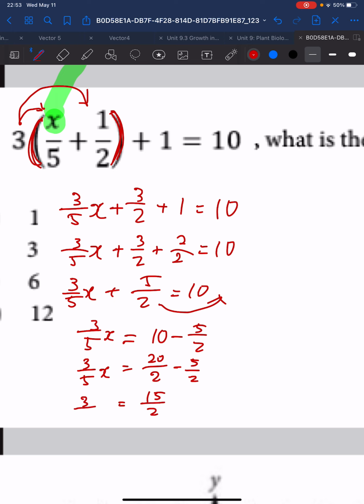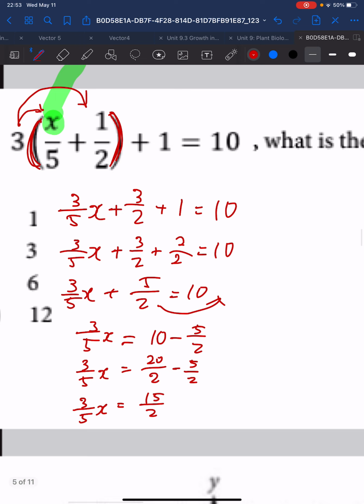and 3x over 5. Now, we want to find the x. What do you have to do? You can multiply by the reciprocal, right? 5 over 3. Of course, if you're doing it on the left side, you have to do it on the right side as well. So you can cancel, right?